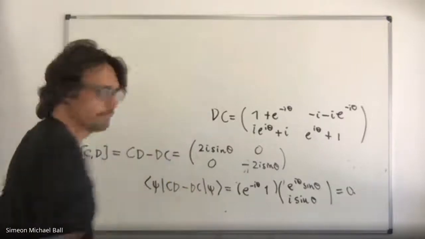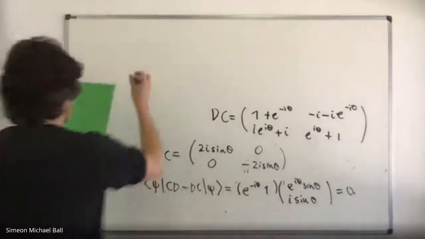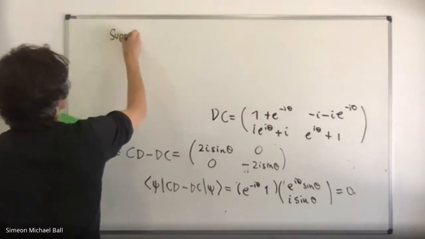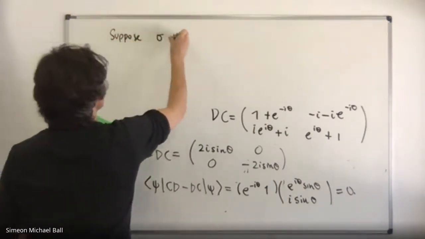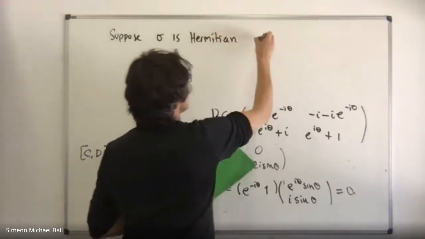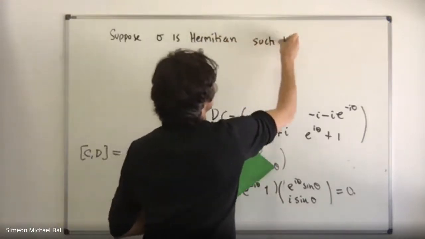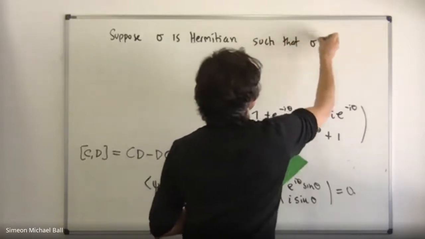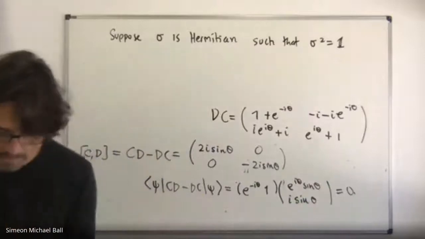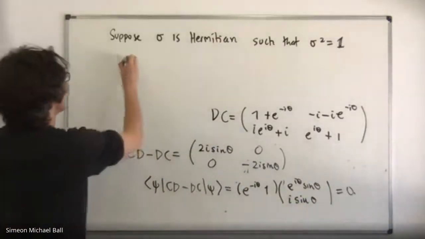So let's just imagine, suppose sigma is Hermitian. So I'm thinking sigma because I'm thinking it's a Pauli matrix such that sigma squared is the identity. So its eigenvalues are plus or minus 1.